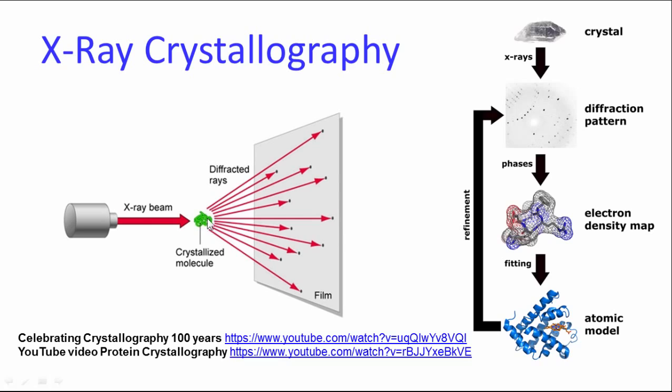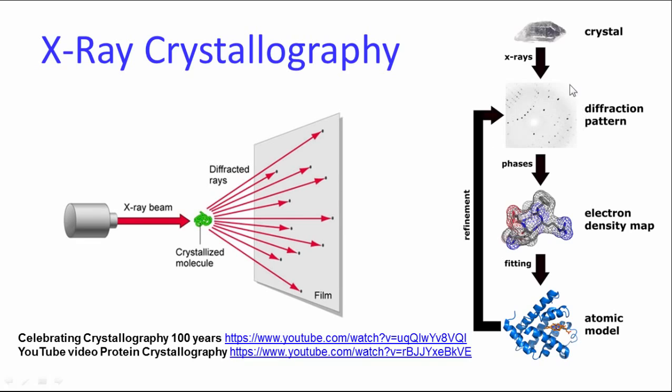Now, X-ray crystallography is once you get a pure protein, you can sometimes crystallize it if you get the solubility just right, and I won't go into the details of that, but you can then hit that with an X-ray beam, and the nucleus of the atoms will diffract those X-rays. Those X-rays can be detected on film, or now we use an instant camera-like method of detecting these, and you get a diffraction pattern.